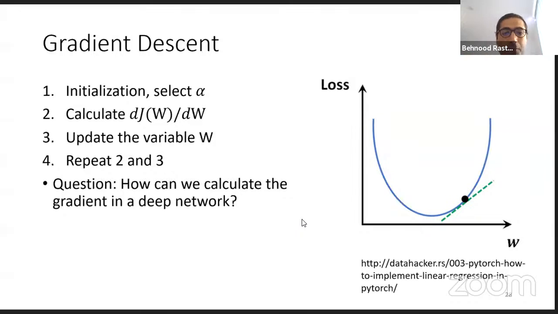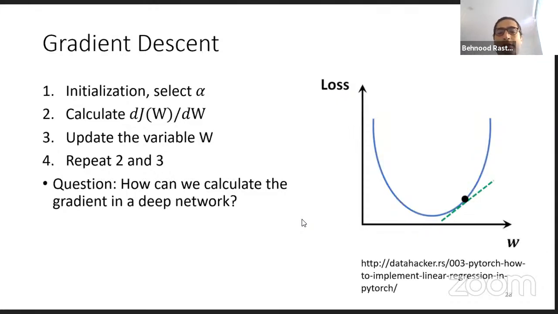So in a simple function, it's very easy to take the derivative. But in a deep network, it turns out the best solution is backpropagation, or backward propagation through the network.